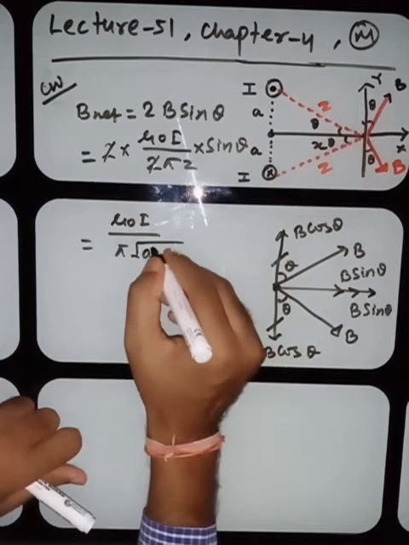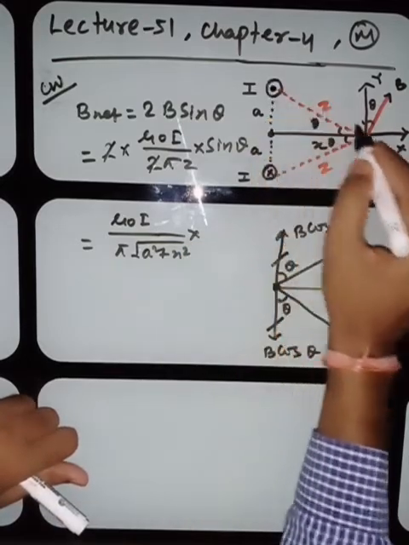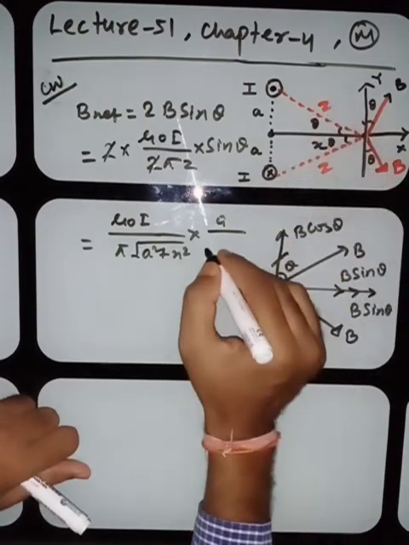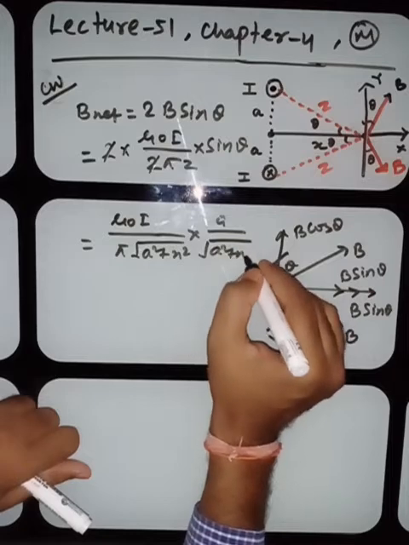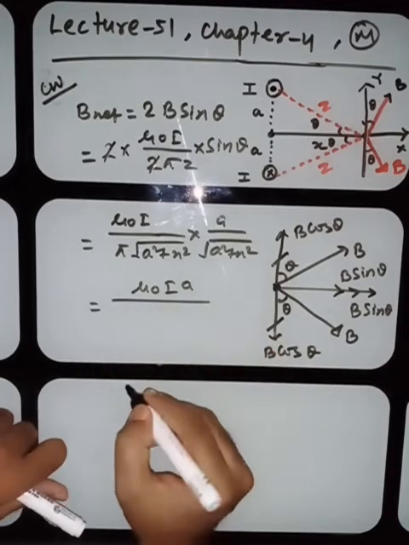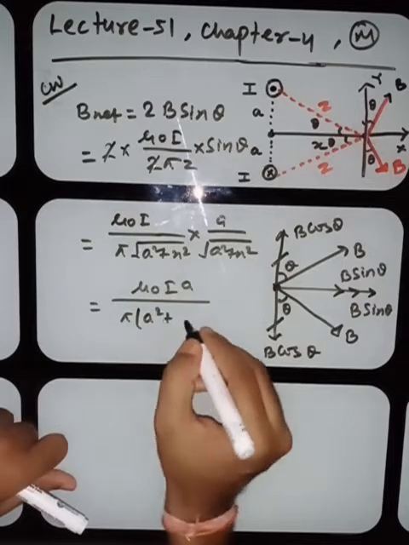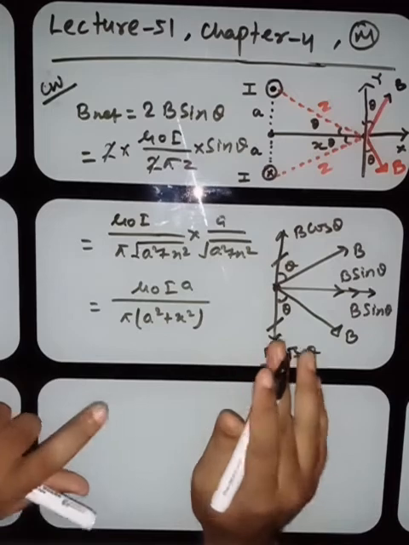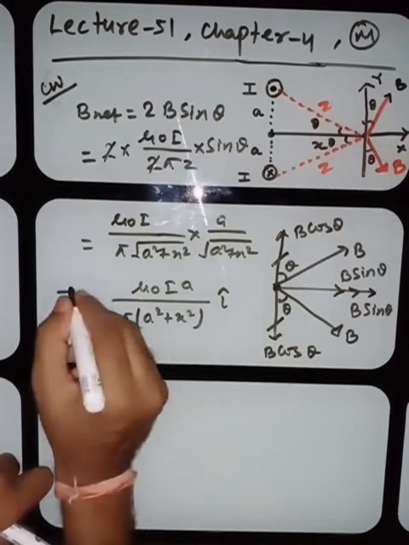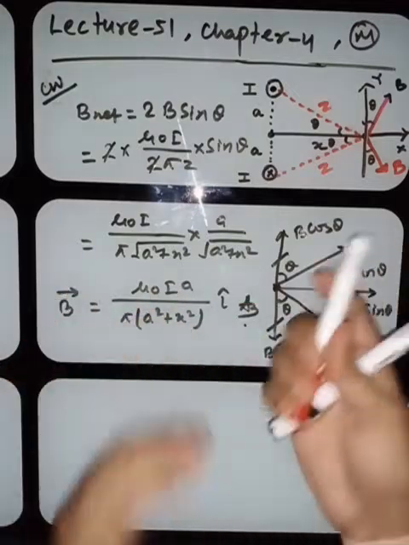Into sine theta. For this triangle, sine theta is perpendicular over hypotenuse, and the perpendicular is a and the hypotenuse is again Z, that is root under a square plus x square. So we can write mu naught I a over pi times (a square plus x square). The direction is along the x-axis, so this is the net magnetic field, and this is the answer. I hope this was not very tough, my dear students.